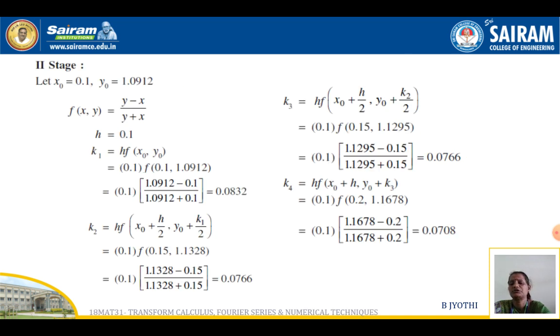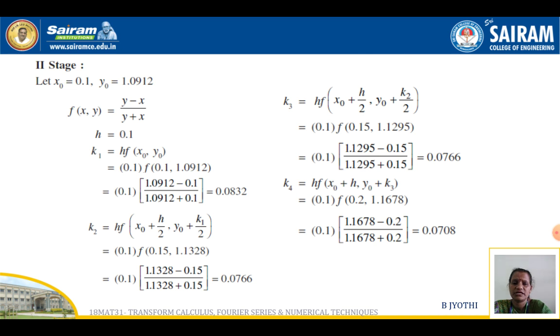Next, let's move on to the second stage with the value we have obtained. So x naught will be 0.1 and y naught is what we have obtained in the previous stage. Again, take h as 0.1, compute k1, we are getting 0.0832, compute k2, we are getting 0.0766, and k3 is 0.0766 again, k4 is 0.0708.